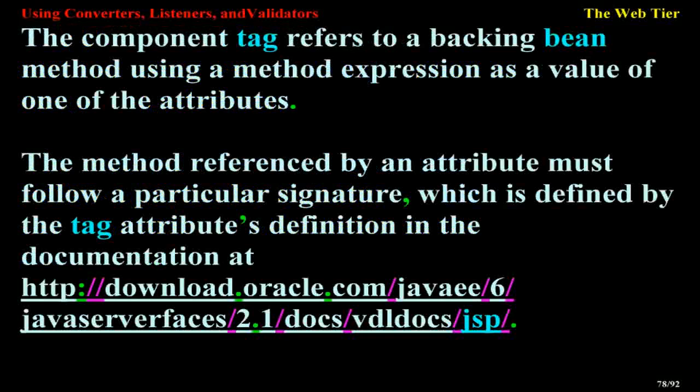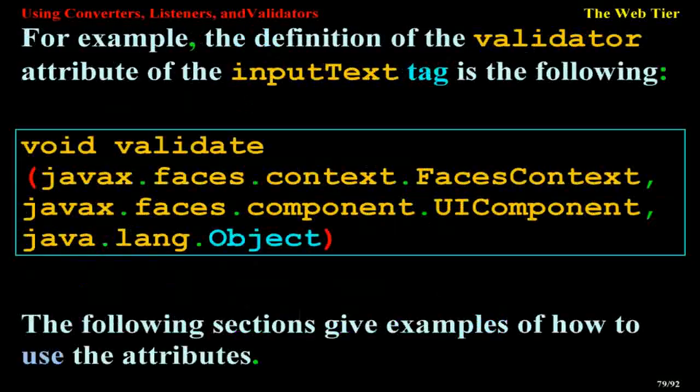The method referenced by an attribute must follow a particular signature, which is defined by the tag attribute's definition in the documentation at download.oracle.com, Java EE 6, JavaServer Faces 2.1 docs, vdldocs. For example, the definition of the validator attribute of the inputText tag is the following.